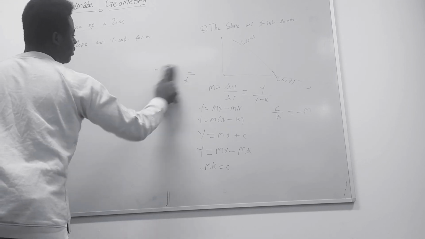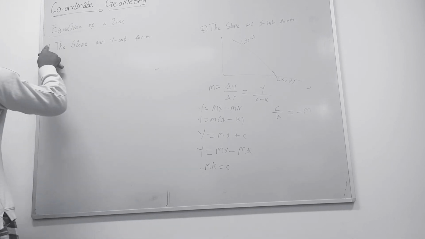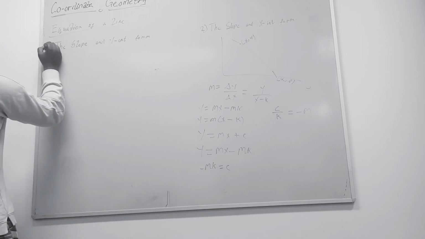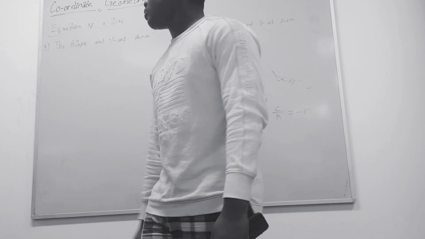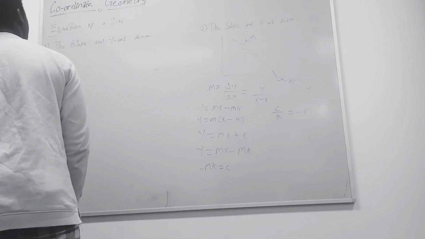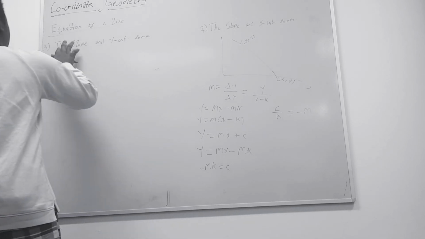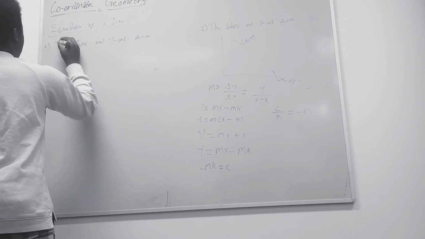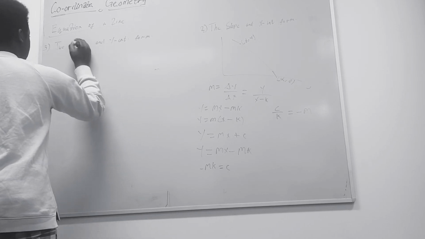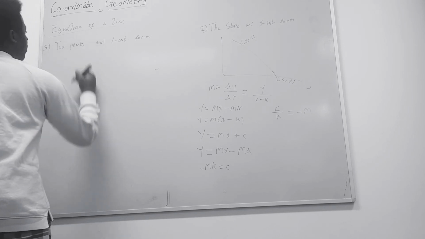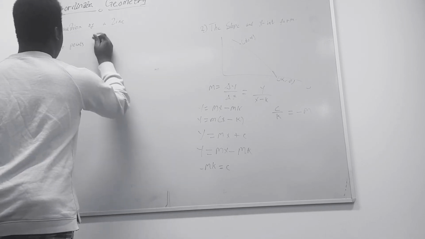The third form is going to be the two-point slope form.